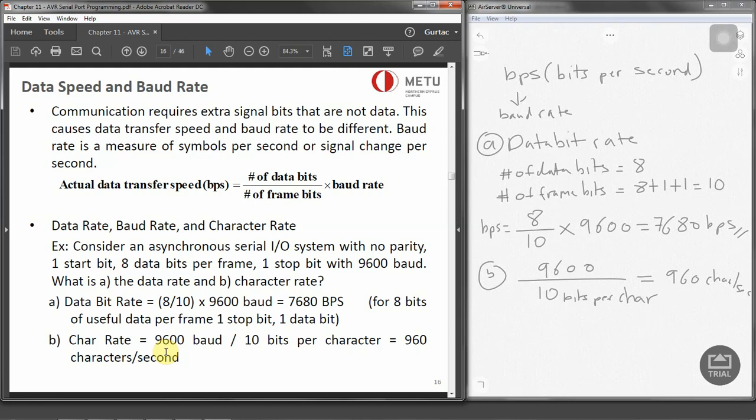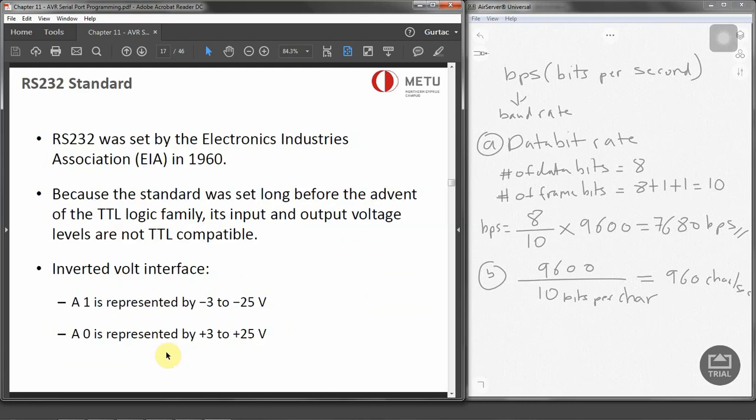So in 1960, the Electronic Industries Association set some standards, which is called RS-232. Now, in 1963, they modified it and called it RS-232A, then RS-232B and C in 65 and 69 respectively.